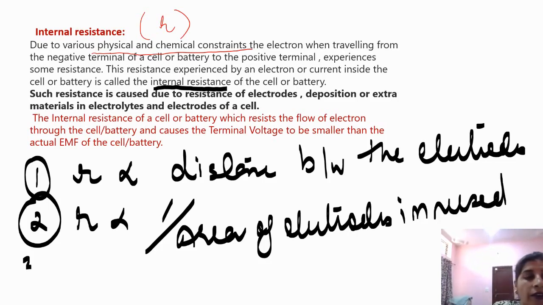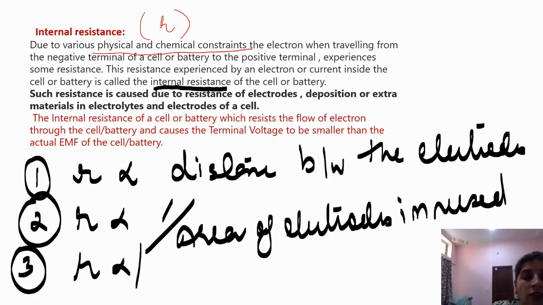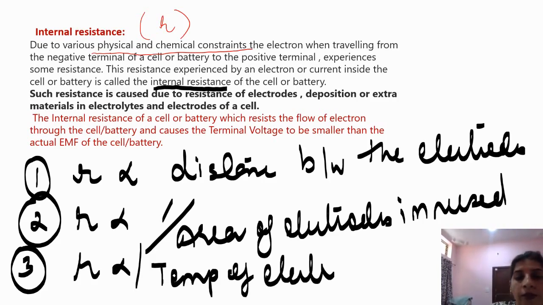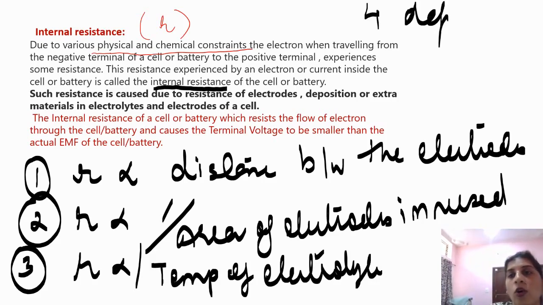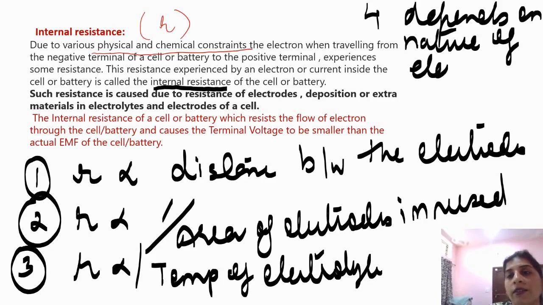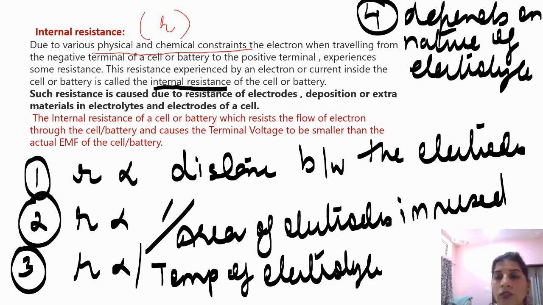Third factor, this small r is inversely proportional to the temperature of the electrolyte. Fourth factor, it depends on the nature of the electrolyte. Okay, so likewise it depends on many things.